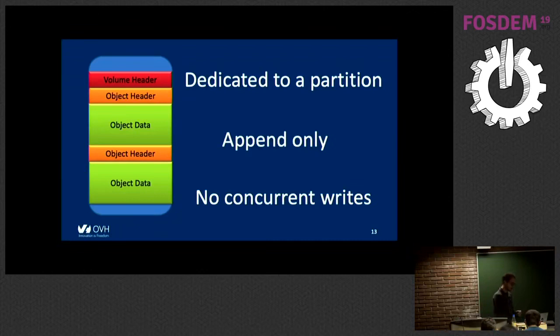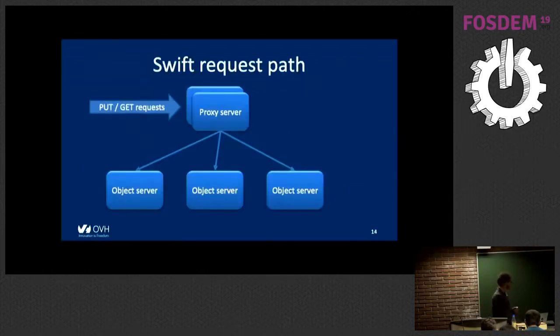Before we dig further, I want to remind you very quickly about how Swift works, without talking about authentication or container servers. I just wanted to say that you cannot contact the object servers directly. Your request will go to one proxy server, which will, in this example, send 3 copies of your data to 3 different object servers.